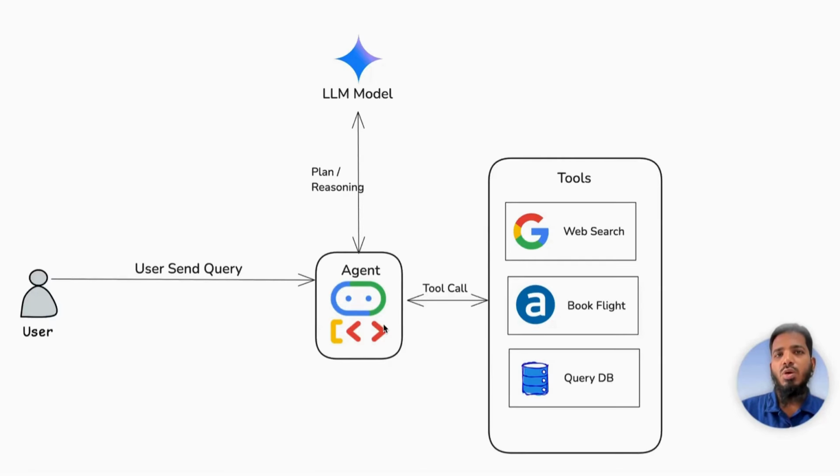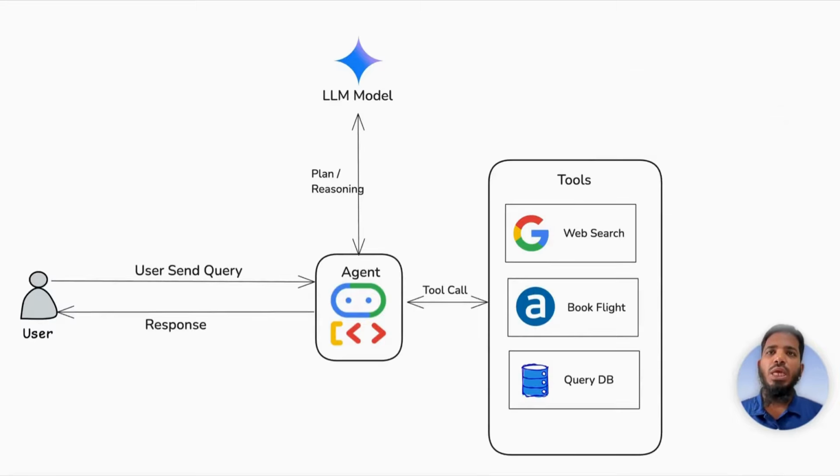Multiple tools can be called, and the same tool can be called multiple times until the LLM decides that the response looks good enough as per the user query. And then the final response will be sent out to the user. Combine this together, LLM and tools, we call it an agent.